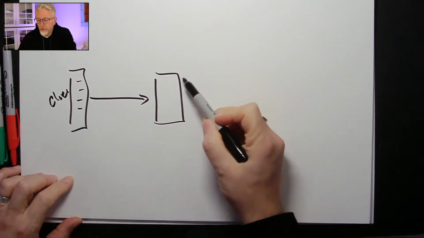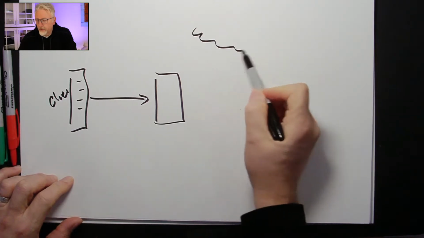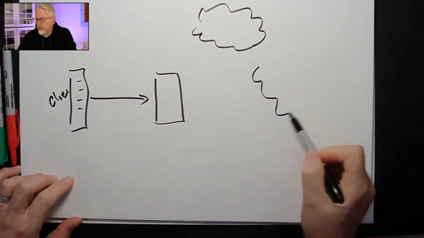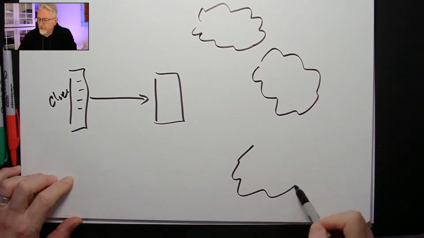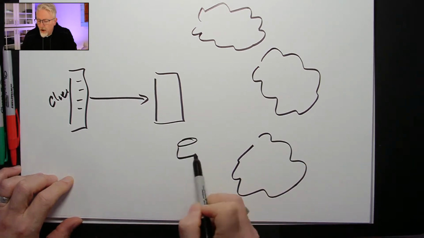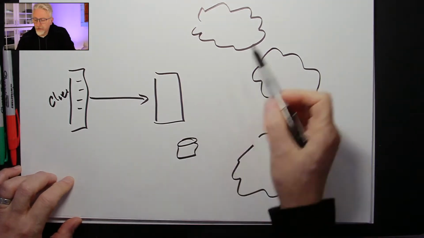And that app server, let's say here's the wonderful cloud, and here's another cloud, and there are lots of clouds, and maybe there are some local on-premise database resources and such.